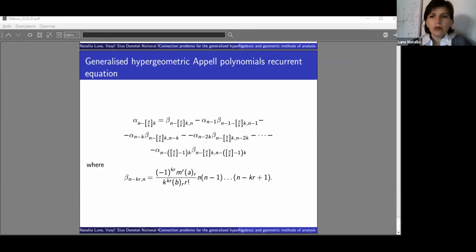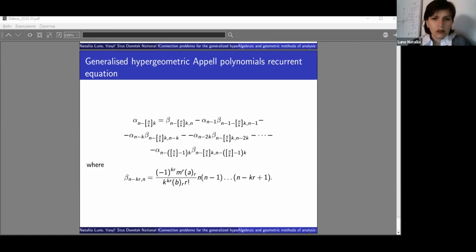The same we can state about the generalized hypergeometric Appell polynomials, that this polynomial family also satisfies a differential equation.